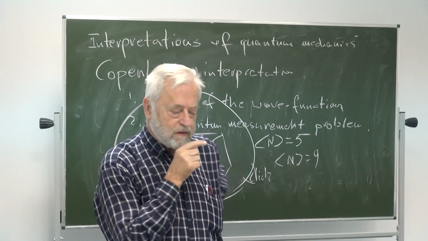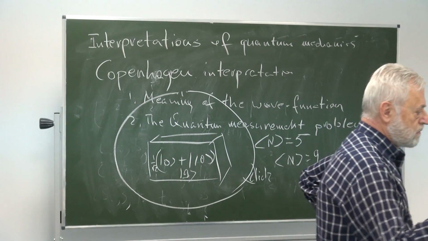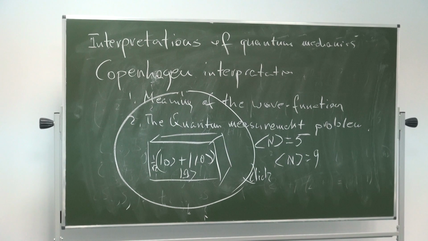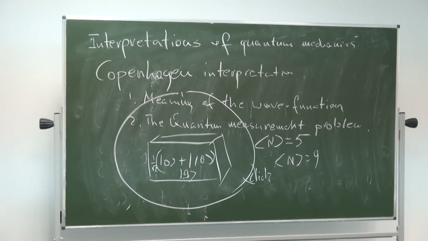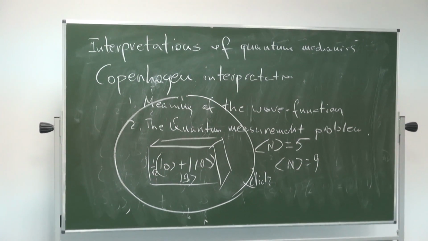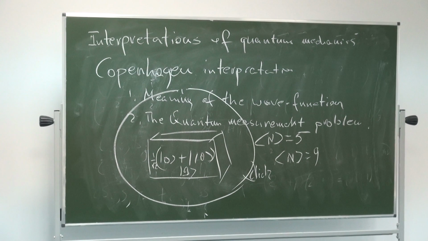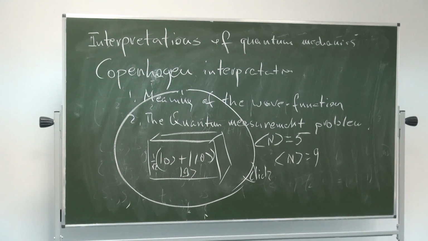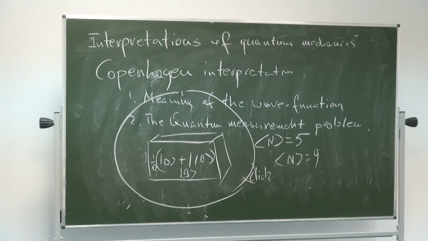Now, I mentioned that even though typically when you look into the books, people attribute this interpretation to Heisenberg and to Bohr, they also disagreed a little bit. It's very hard for me to understand what they disagree upon.